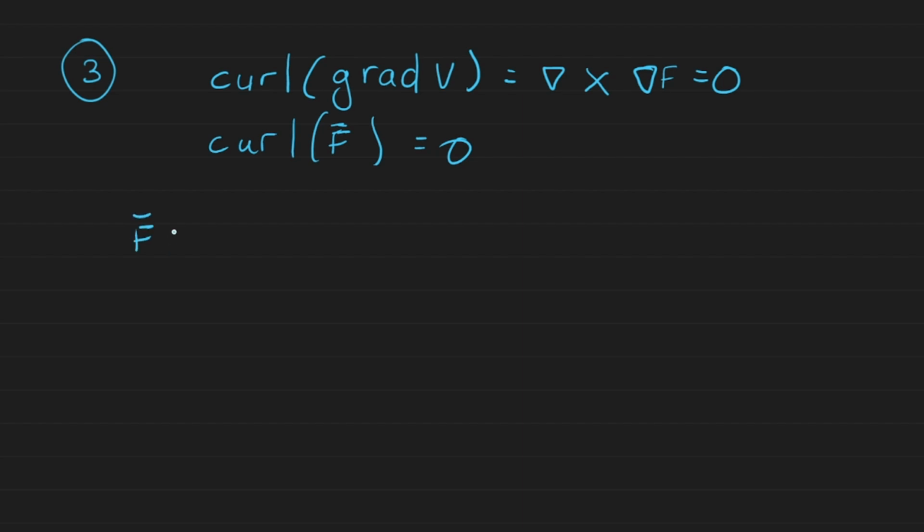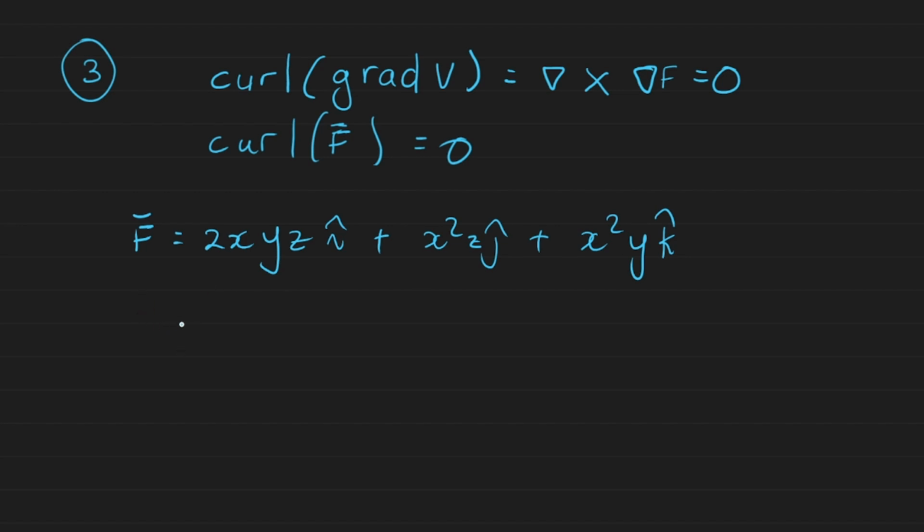The example was f is equal to 2xyz in the i direction plus x squared z in the j direction plus x squared y k.